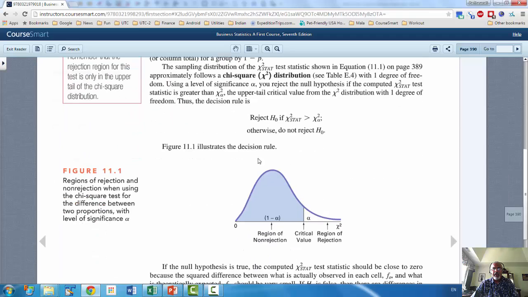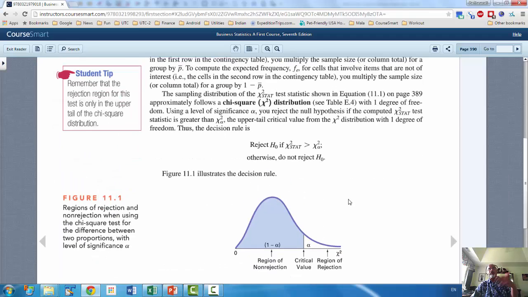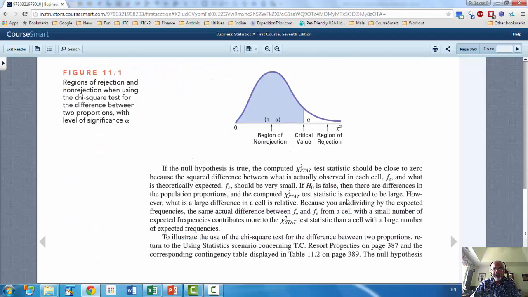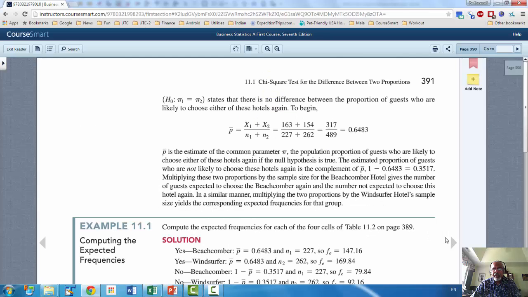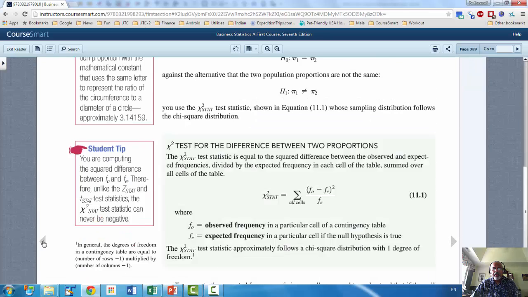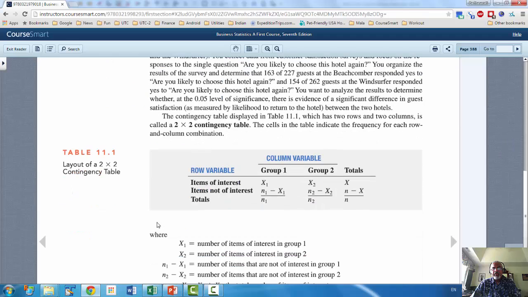The f sub e is computed by multiplying the sample size for each group with that overall probability of success.